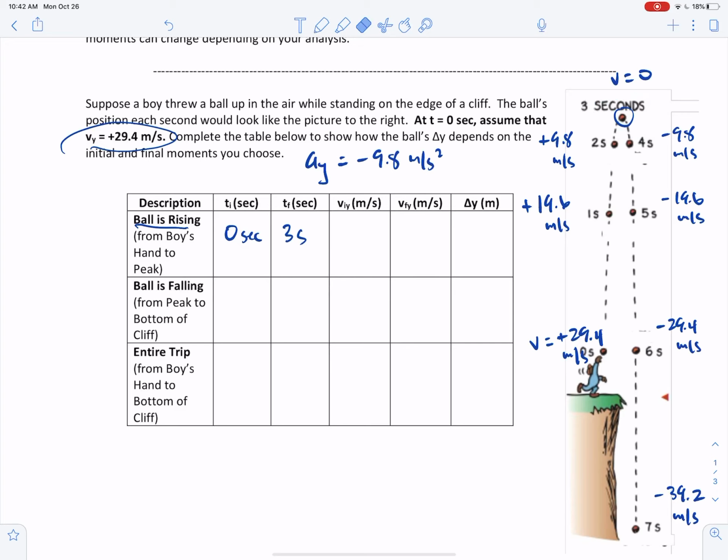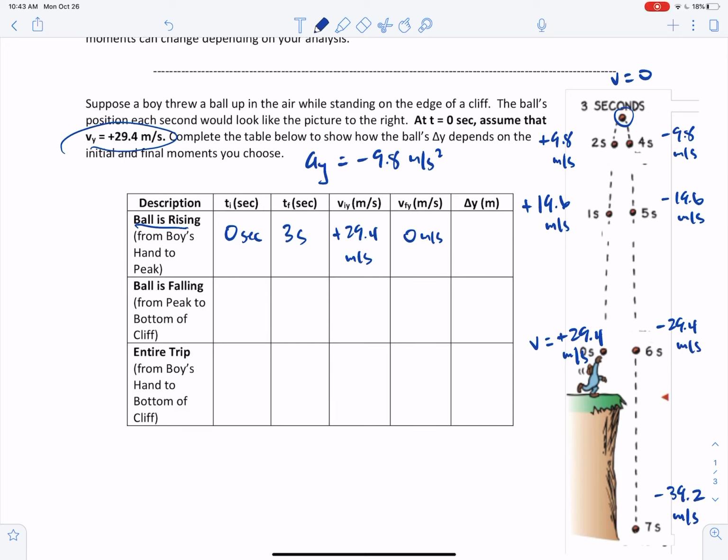That's considered the t final during the rising motion, okay? During the rising motion, the initial vertical velocity is positive 29.4 meters per second. And during the rising motion, the final velocity is the peak, which is 0 meters per second, okay? And we're going to do this delta y in a moment. We'll come back to that.